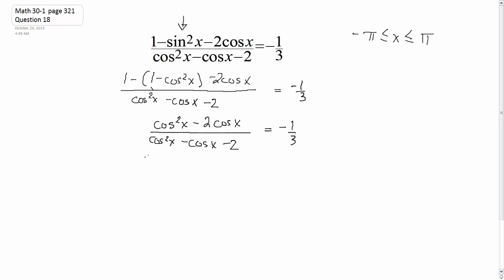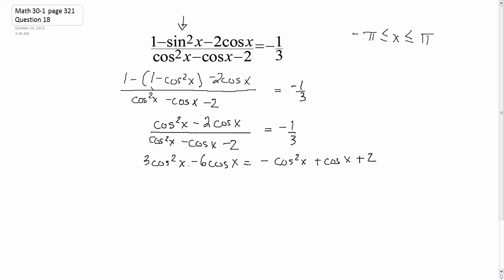So we have 3 cos squared x minus 6 cos x is equal to negative cos squared x plus cos x plus 2.